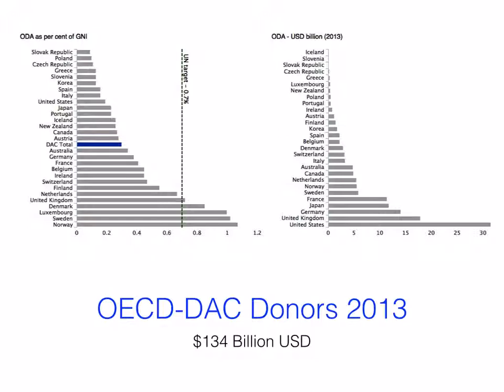This is how much it hurts. And you can see here that only a few Scandinavian countries, plus the UK, actually make that goal. Now on the right, you can see that the United States is the largest donor by volume. We give away the most dollars, but we're actually at the lower end of the club by percent of gross national income. The US only gives away about 0.2% in foreign aid, well below the target of 0.7%.